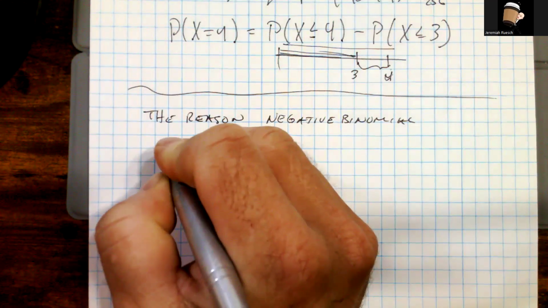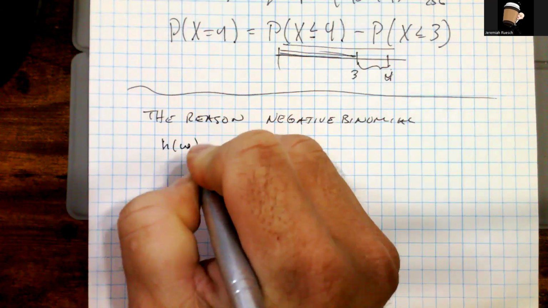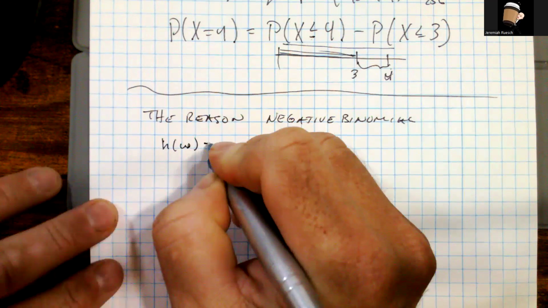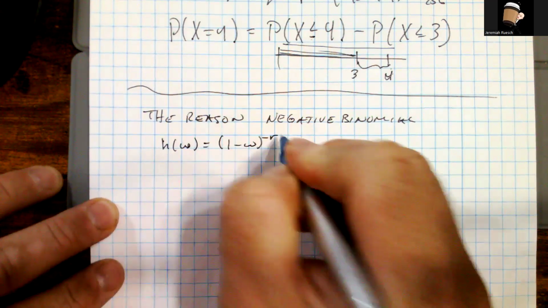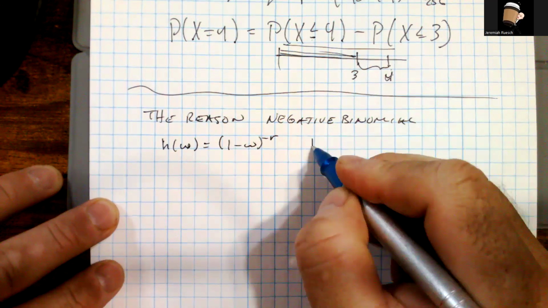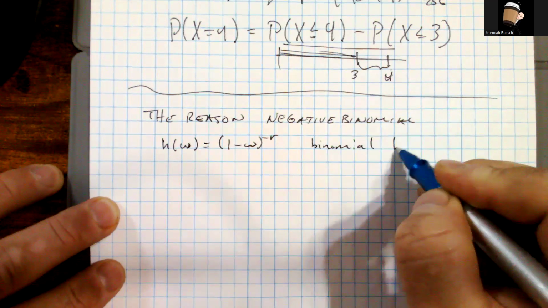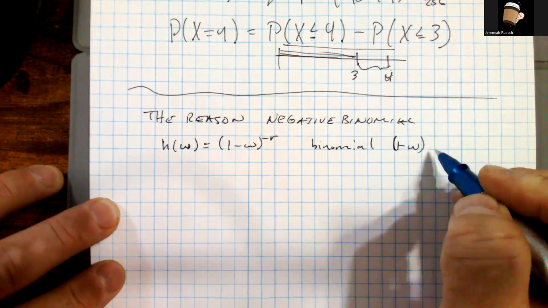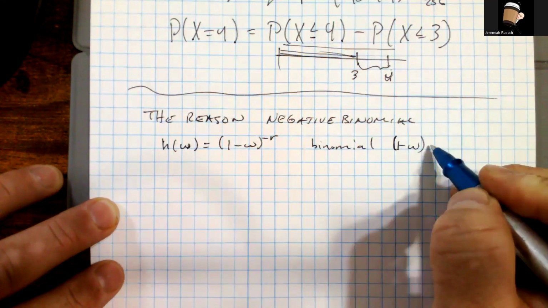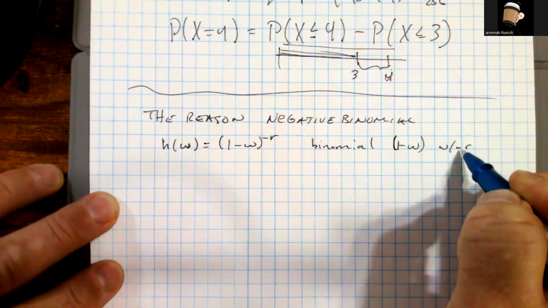G is already used. If we try H of W, that seems reasonable. So what if we consider 1 minus W to the negative r? Then the binomial here of 1 minus W with the negative exponent of r.